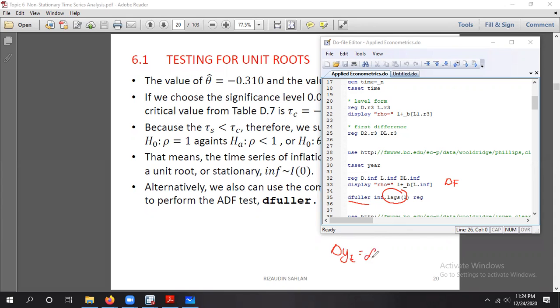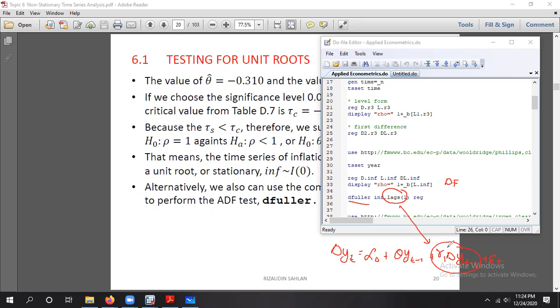The intercept, the constant is referred to the theta, and the augmented term becomes something like this: sigma 1 difference Y(t-1) plus error term. This is augmented with lag 1.